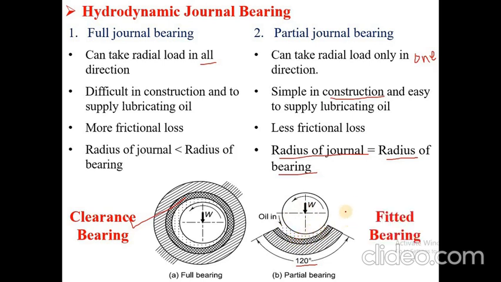Now this type of bearing is also called fitted bearing. In this, full bearing is widely used, or it has wider application than the partial bearings. Now, hydrodynamic journal bearings are basically seen in case of engines and centrifugal pumps. And full bearing has wide application.